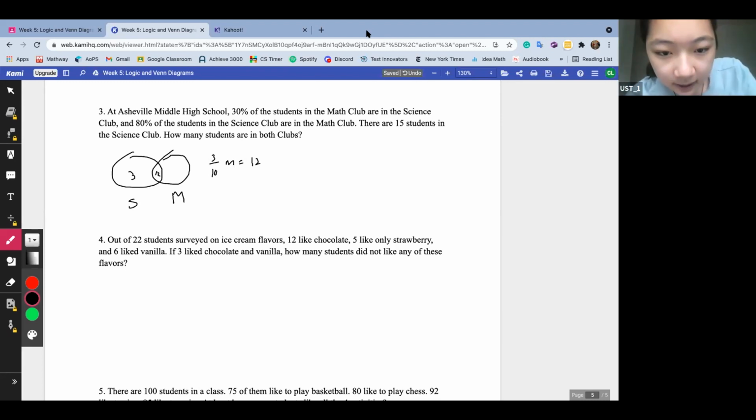So we'll end up getting M equals 40, which means that 28 people take only math.